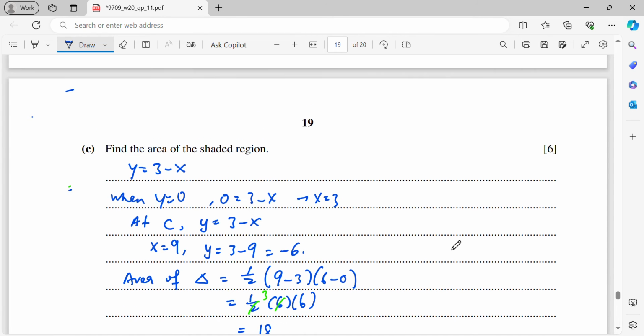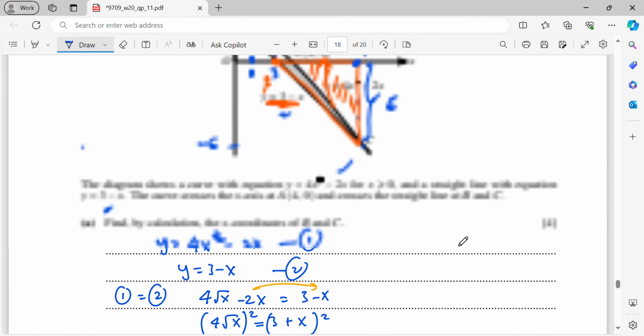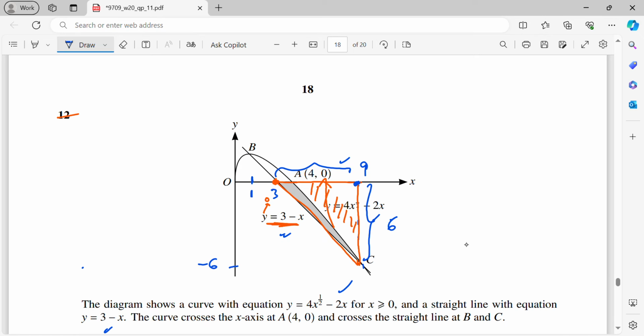Okay, now I need to find out what is the area under the curve, which is here, the orange color. So this orange color region is below the x-axis. So it means that you need to integrate your graph, right? Integrate your graph from 4 to 9, but have to put a modulus, right?